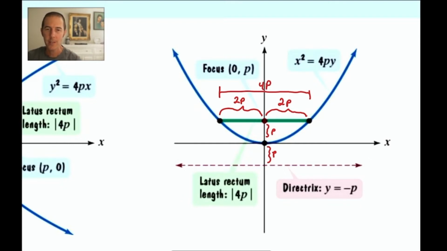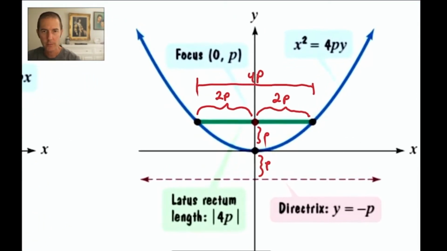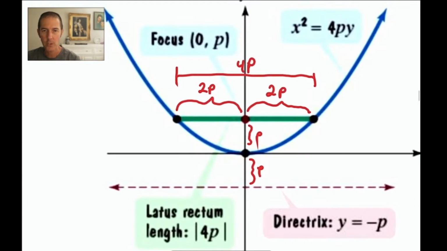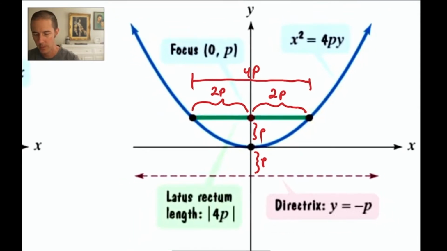I love this illustration. I like seeing all of these different lengths interacting with each other. You take the first one, which is a p, you double it, you get the 2 p's, you put them together, you get the 4. Something pleasant about it.